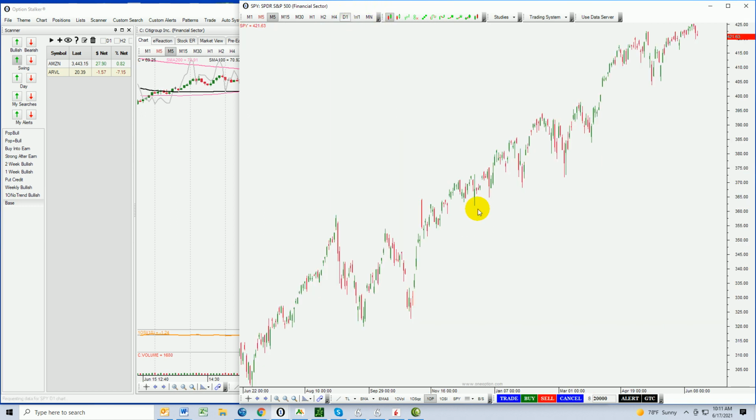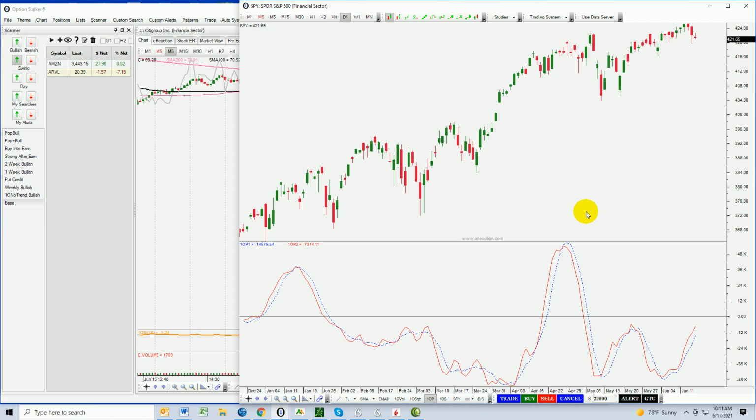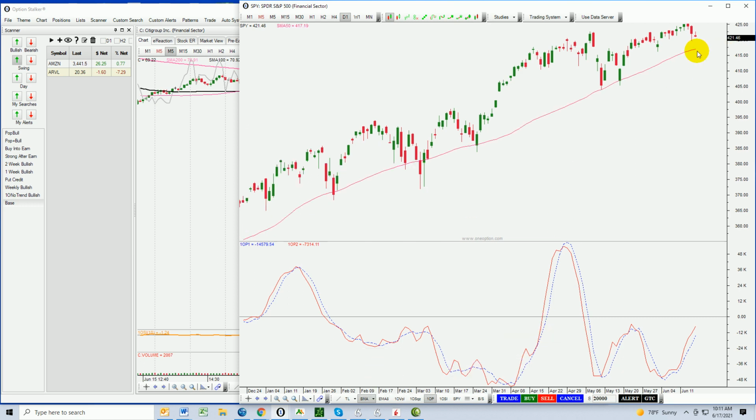If I look at the daily chart, you've heard me reference this before, we're going nowhere fast. Yes, there are sellers at the all-time high. Interest rates are keeping a lid on the market, possible Fed tapering keeping a lid on the market, and as soon as we get down to the 50-day moving average, that is where we see buyers. So it is a tug of war at these two extremes. There's your 50-day moving average.